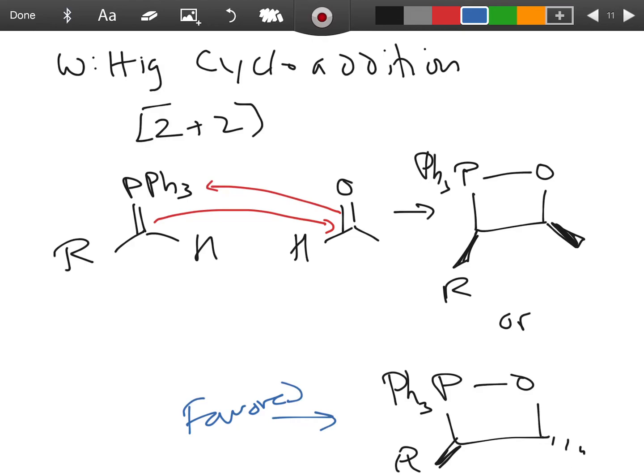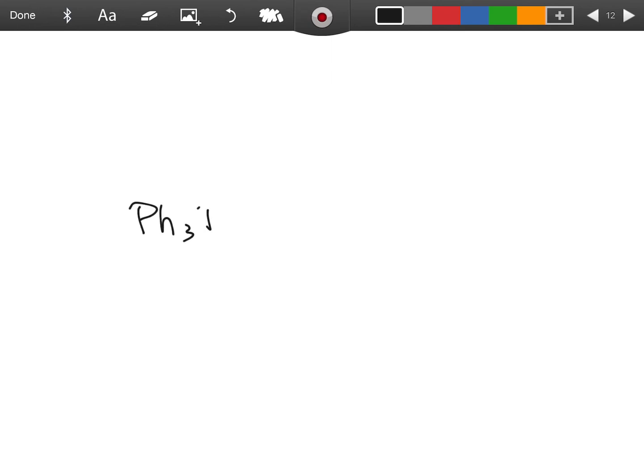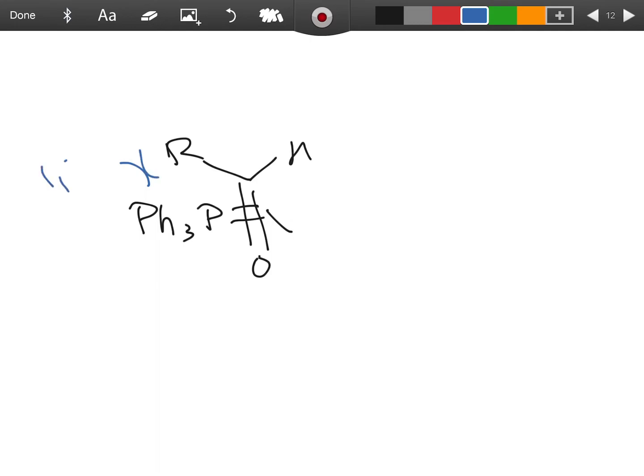So the highest Z selectivity is when the interactions in the puckered transition state, the 1,3 interactions, are largest. So I can do this. You've got your this, and then you have your O. So this is that 1,3 interaction.